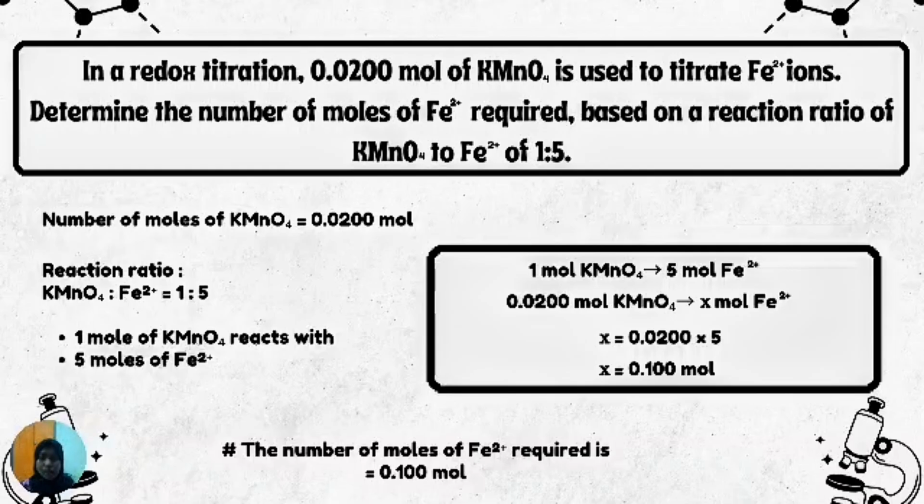The reaction ratio between the two is 1 to 5, which means that 1 mole of potassium permanganate reacts with 5 moles of ferrum ions. So to find the number of moles of ferrum, we need to multiply 0.0200 moles by 5. As a result, we get the number of moles of ferrum required, which is 0.100 mole.